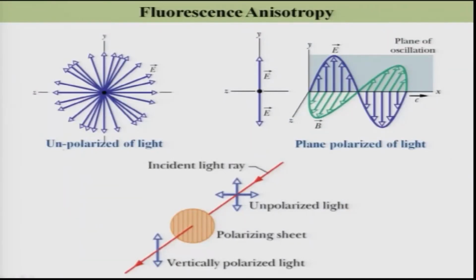As I said, for unpolarized light the direction of oscillation could be anything. This is my electric field, it could be in this direction, in this direction, and all directions are allowed. However, for plane polarized light, it is oscillating only in this y direction.